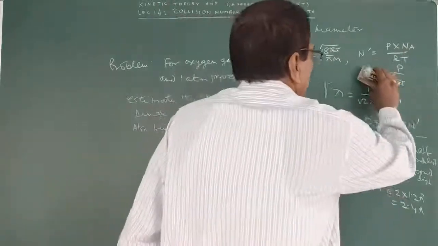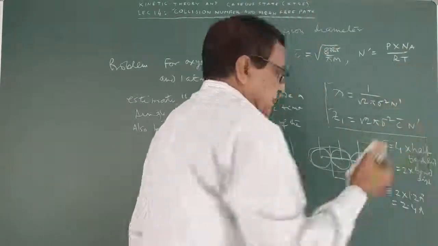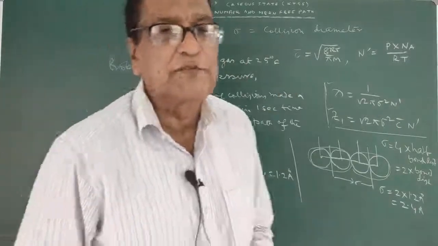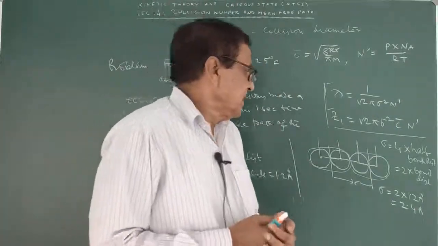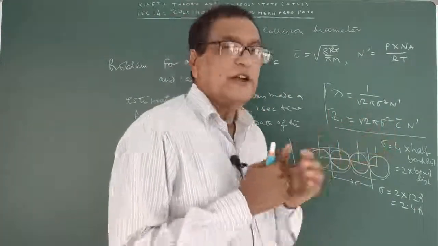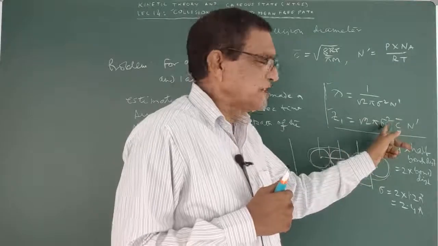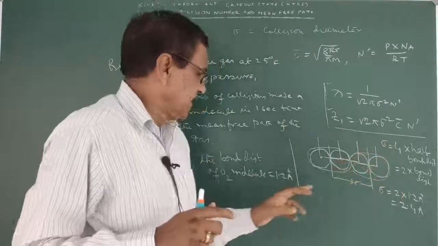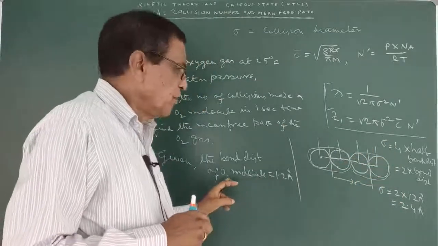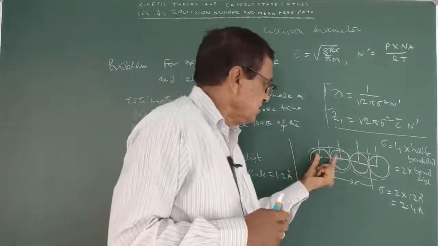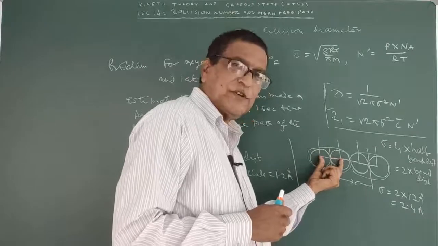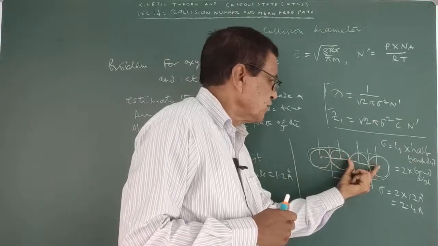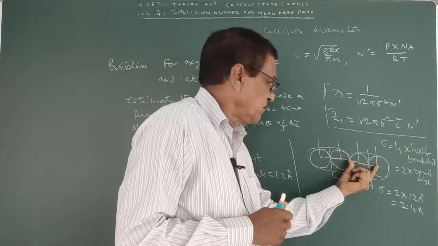So now calculate. The main trouble in this problem is the value of sigma, which has not been given. Instead, they have given the bond distance. This is the bond distance of one oxygen molecule, and this is the bond distance of another oxygen molecule.